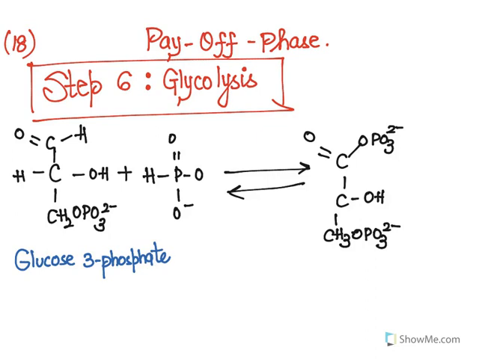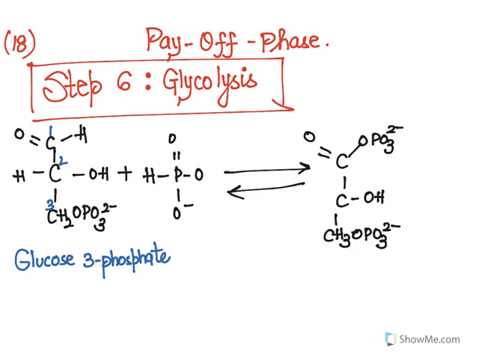All right, so now we are moving on to the payoff phase. That means this is the time that all the energy currency is going to pay off as we are coming to the last half of the metabolic pathway glycolysis. So basically here, what do we have? On the reactant side, you can see that this is the third carbon that has the phosphate group.